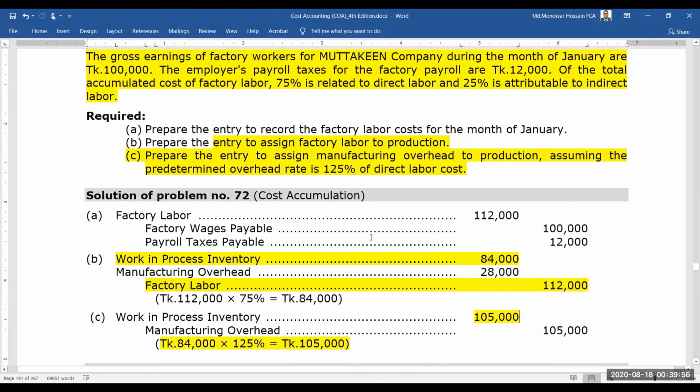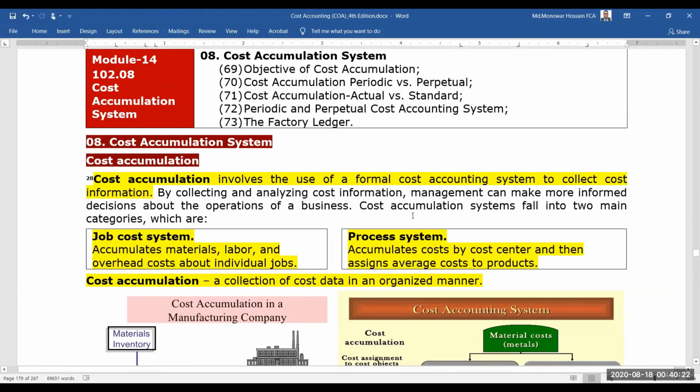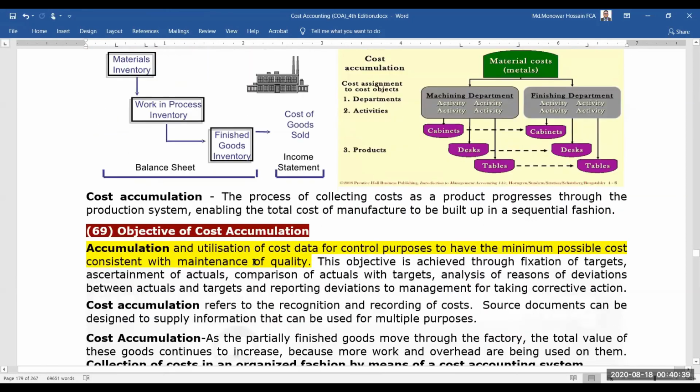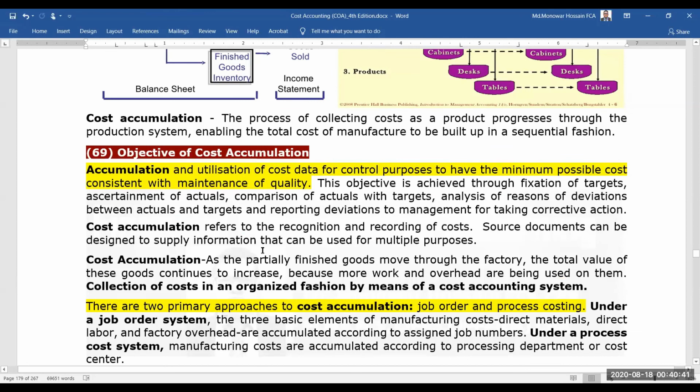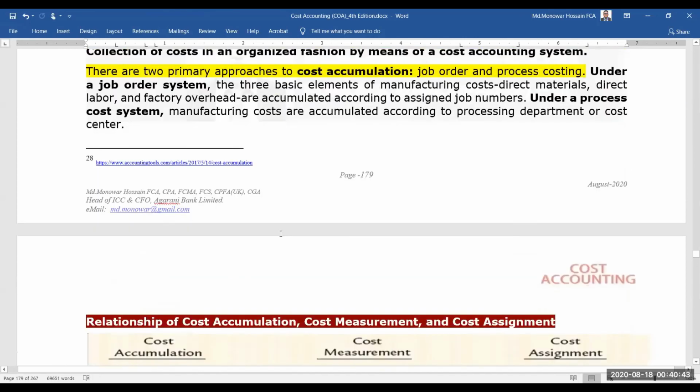So it's the part 1 of this video. What we discussed today: cost accumulation systems fall into 2 main categories, job cost system and process cost system. And we know cost accumulation is a collection of cost data in an organized manner, and we have seen here the objective of cost accumulation.